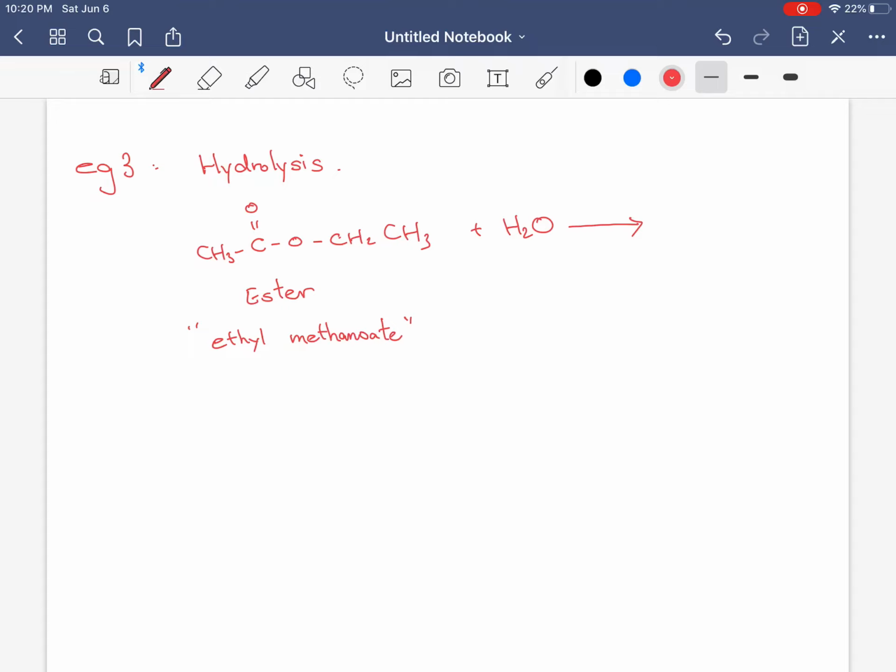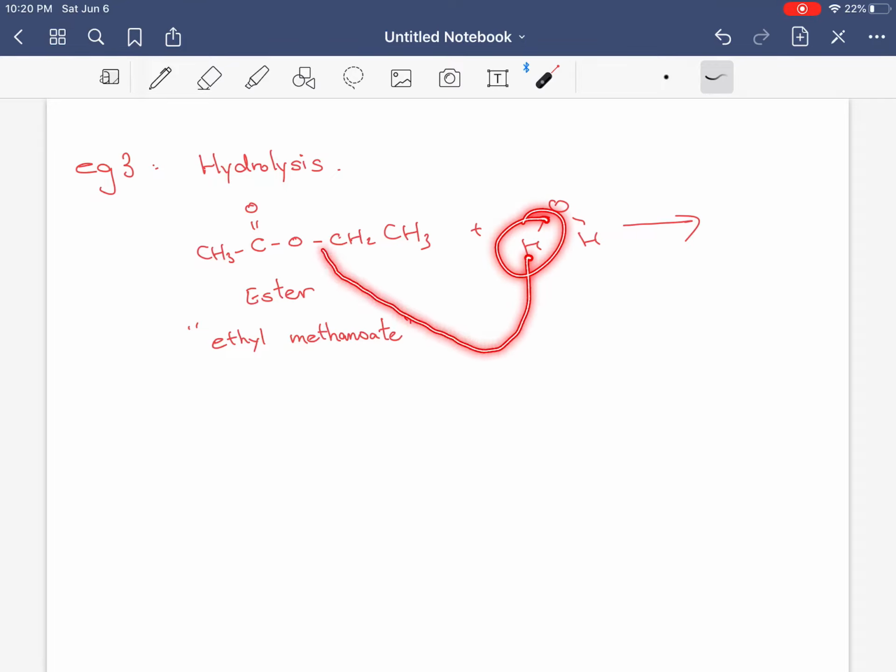There is a catalyst, but again, this is going to be one of those specific ones. So what happened is very simple. Let me just draw the water instead. The water will break into OH and H. The H portion will probably bond with the O. The OH portion will probably bond with the C. Like that.